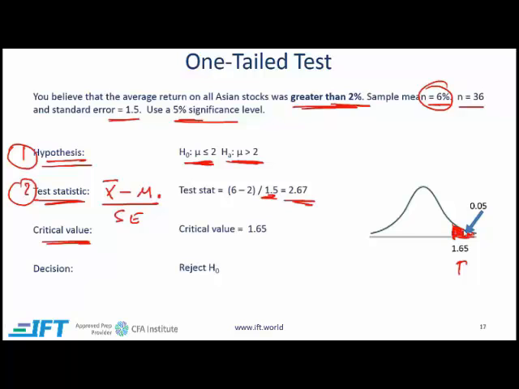So if in the tail we have 5% and this is 95%, when you look up the Z table, the probability is 0.95. With a probability of 0.95, you will come up with a Z value of 1.65.